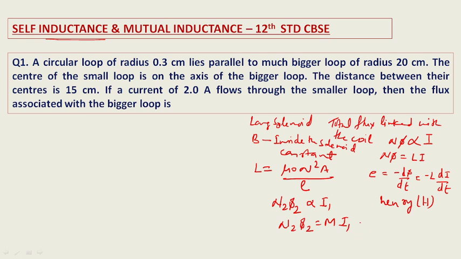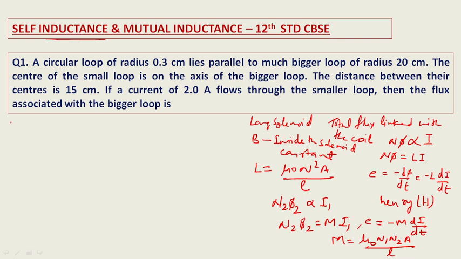Here also, as per Faraday's law, the induced EMF is minus M di by dt, and mutual inductance M is equal to mu 0 N1 N2 A by L. So these are the expressions by which we can find the self-inductance and mutual inductance.